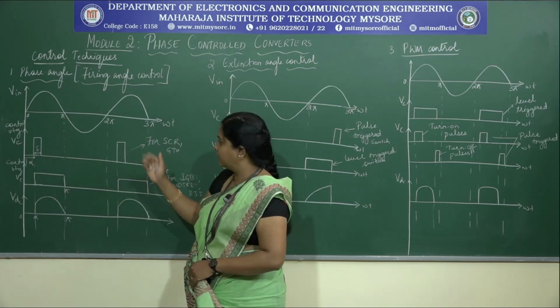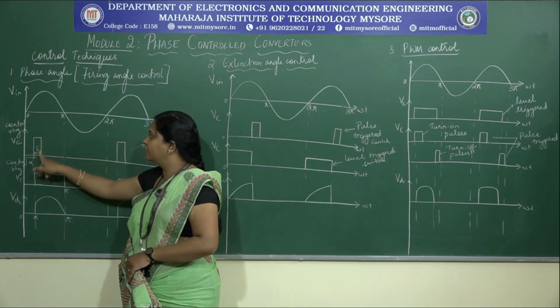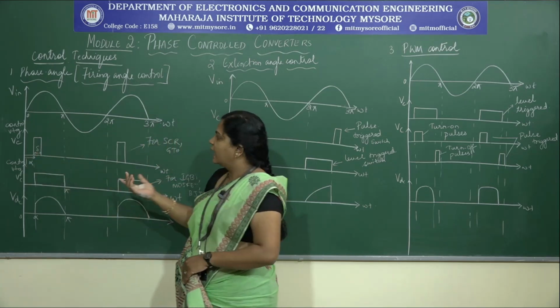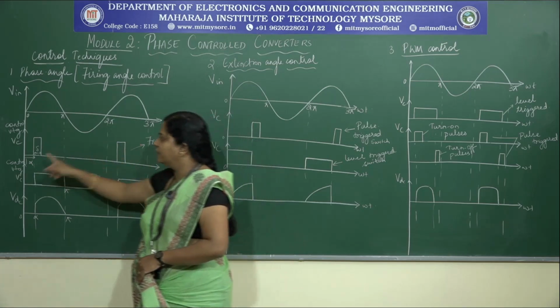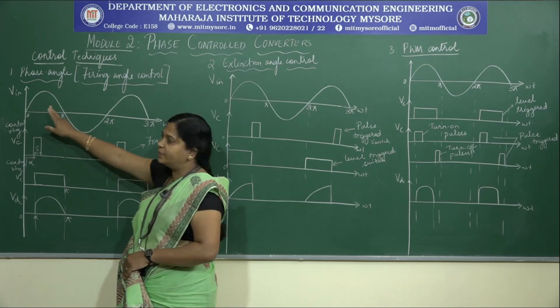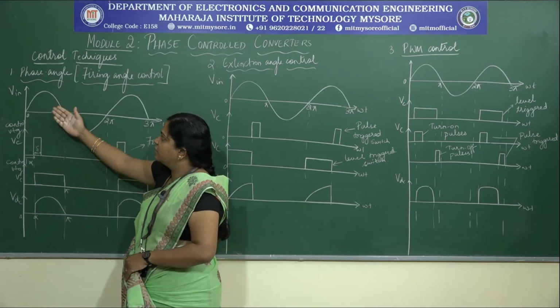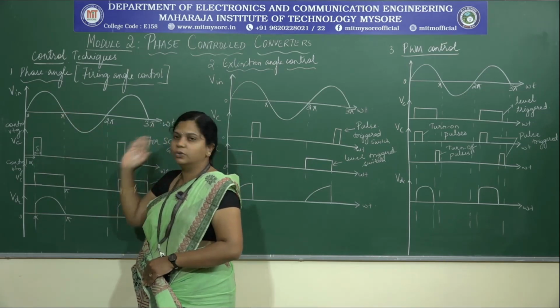Coming back to the control technique, for an SCR or a gate turn-off thyristor, when we give the pulse, delta is the width of the pulse and alpha is the firing angle, as we already know. When the firing angle is applied to the thyristor, the input AC will flow through the switch, the thyristor, to the load.